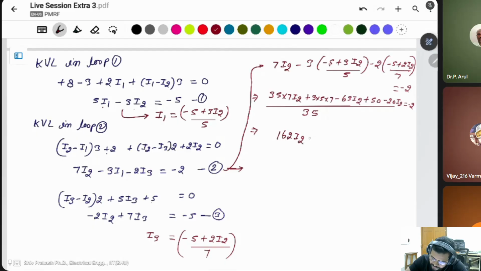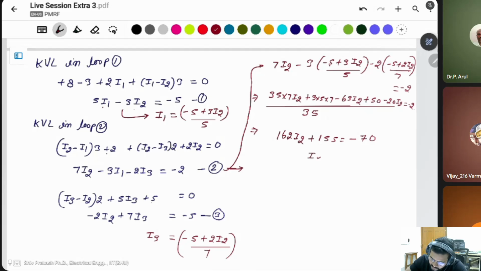Then this will be plus 15 into 7, 3 into 5 into 7, plus 50, 155, is equal to minus 2 into 35, it will be minus 70.